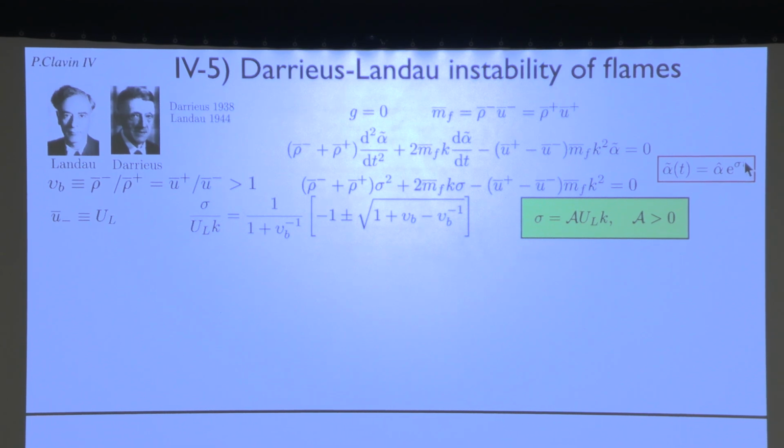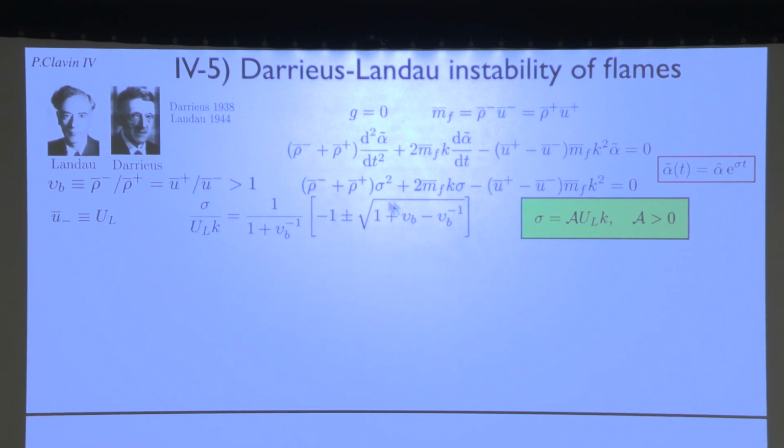The real part of sigma is going to be the growth rate or the damping rate of the linear perturbation. And the solution of this second-order equation is a quadratic equation, it is simple, you know that.